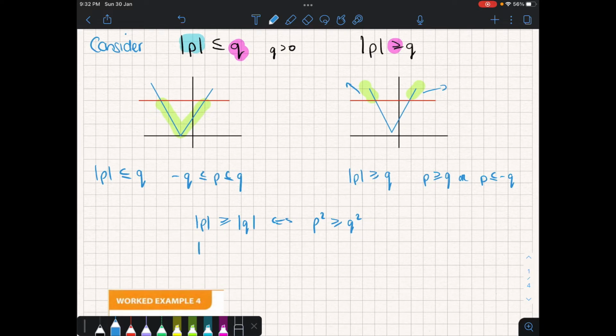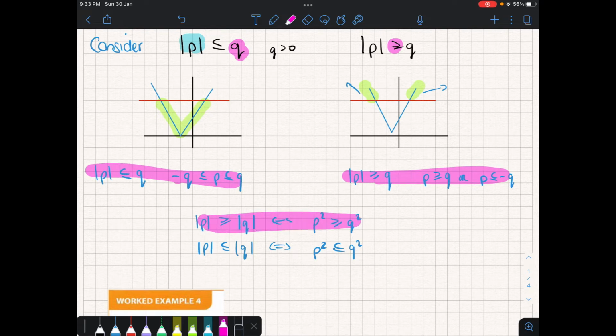And in the same sense, we could also ask where this is less than q, and this is equivalent to saying where p squared is less than, and sometimes equal to, q squared. So these are the 4 rules that we can apply when we're dealing with modular inequalities to solve them faster.